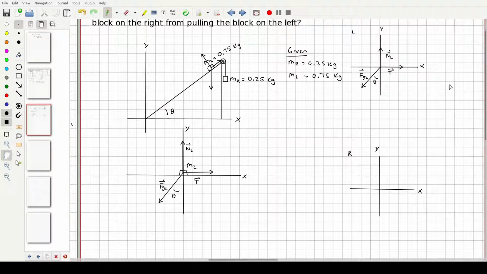Looks like that. Now, for this object right here on the right side, we have a tension going up and we have a weight going down, and that's it.